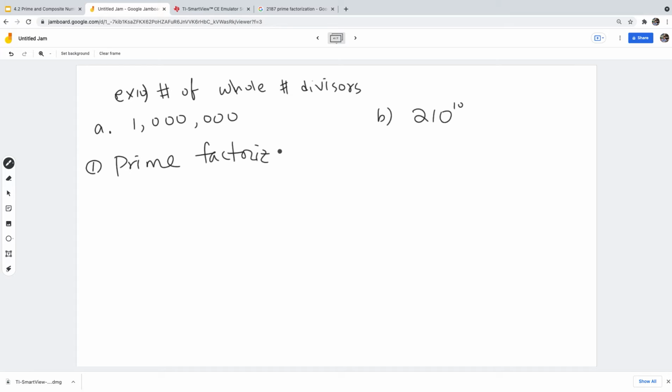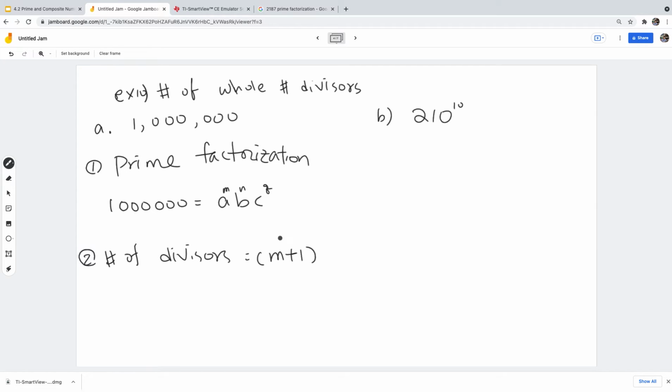So if we have something like 1 million equal to A to the M power times B to the N power times C to the Q power, then the number of divisors is M plus 1, just the exponent plus 1, and the next prime's exponent plus 1, and Q plus 1.